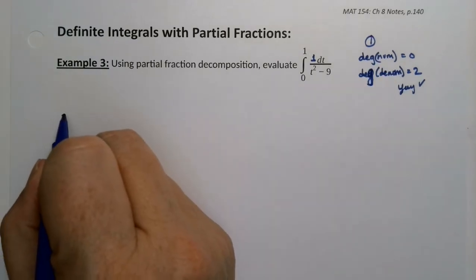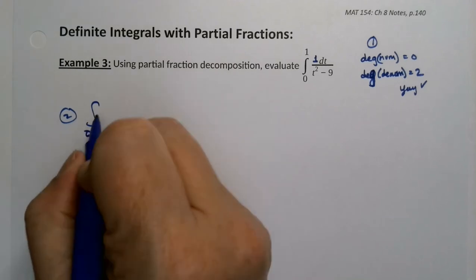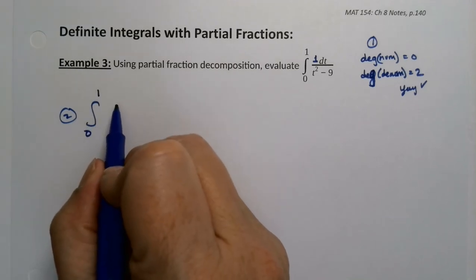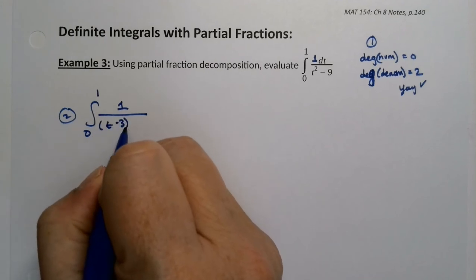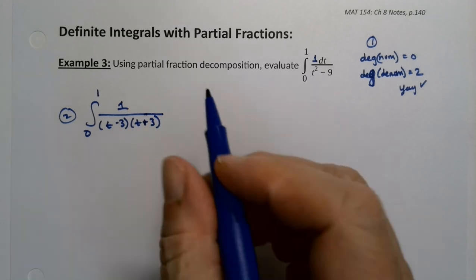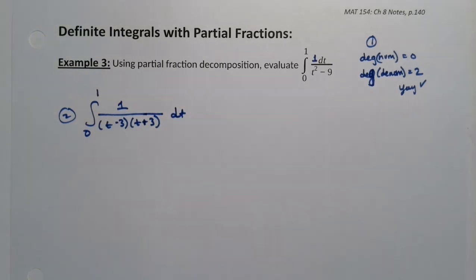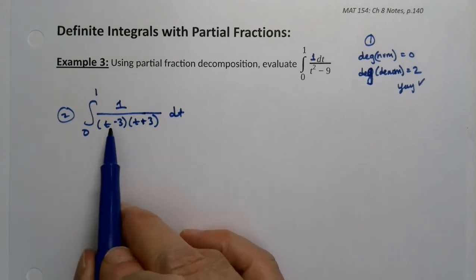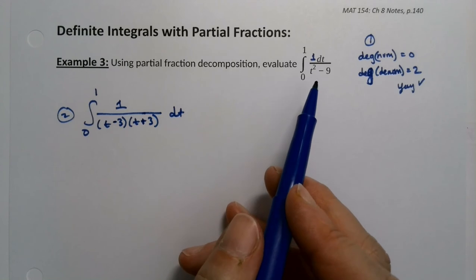Step 2, we will rewrite our lovely integral. I'm just going to put 1 in the numerator. I think that's easier to understand. And I will factor the denominator into the sum and difference of two conjugate terms, where one is a plus and one is a minus, because this was the difference of squares.